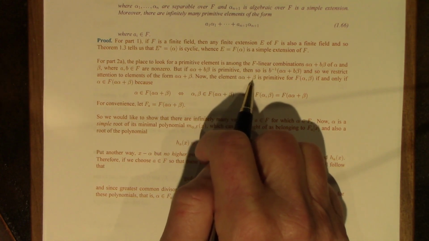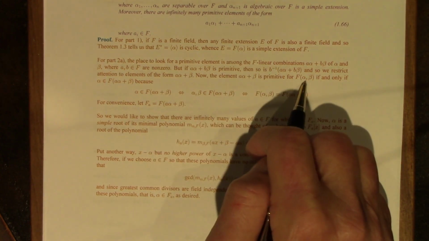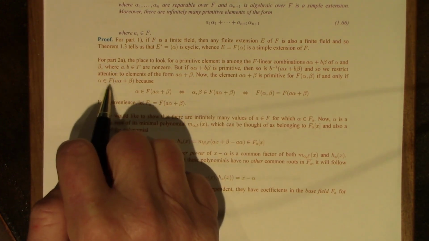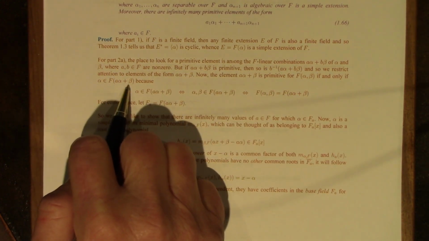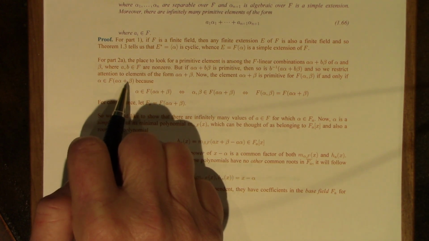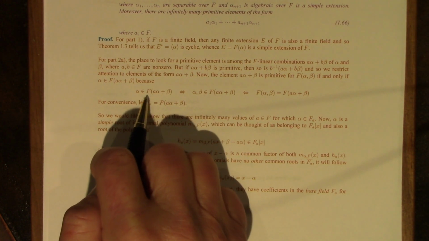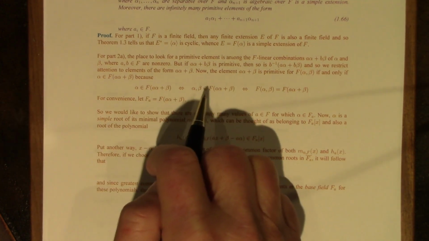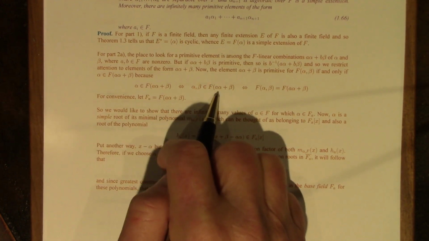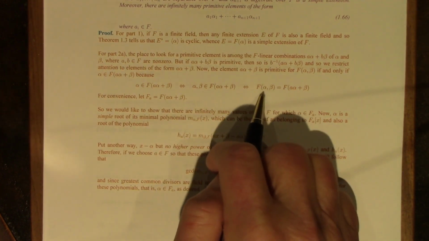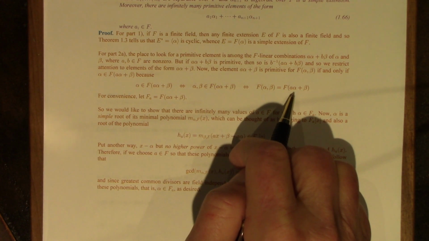This will be primitive for this field if and only if alpha belongs to F with this element adjoined. Because if alpha does belong to that field, that's equivalent to saying that both alpha and beta belong to the field, and that's equivalent to saying that this equation holds.